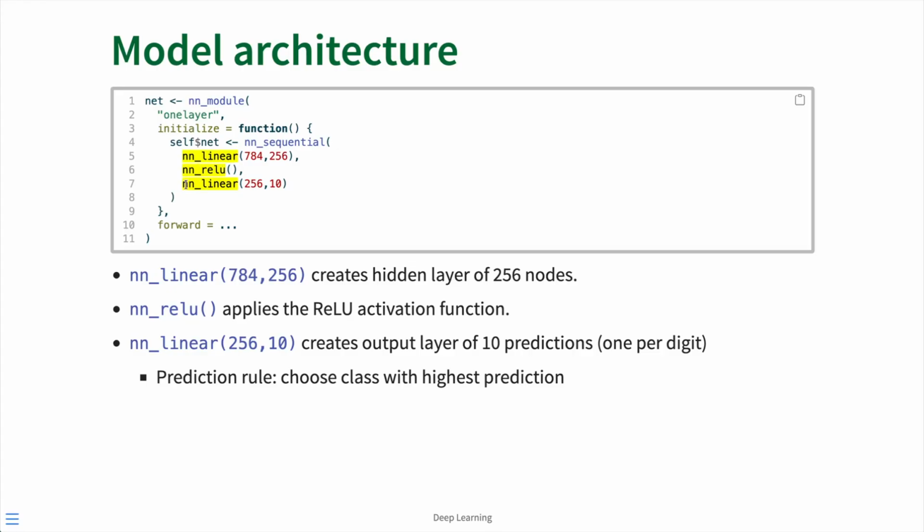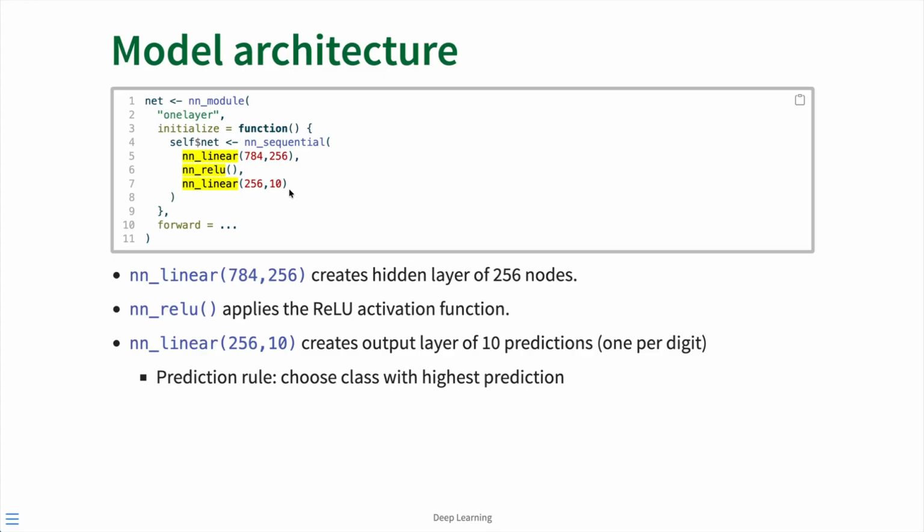And then finally, we have another linear layer. This takes the 256 outputs of the previous layer, and it converts them into 10 different values. These are going to be our predictions. Remember, we have 10 numbers. So effectively, we're going to be predicting a score for each of the 10 digits that the image could contain.